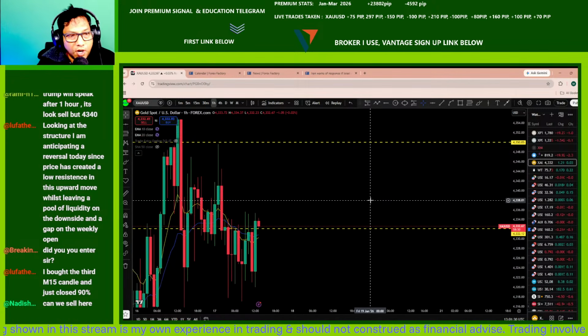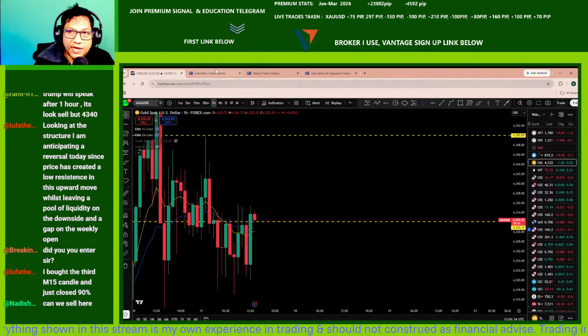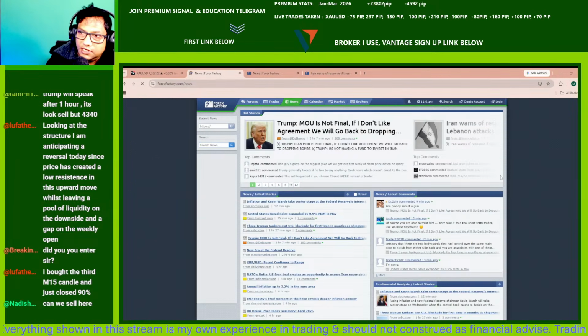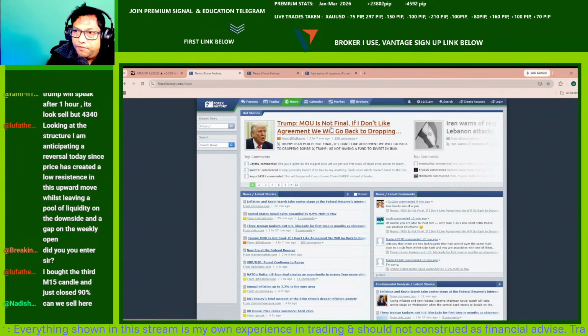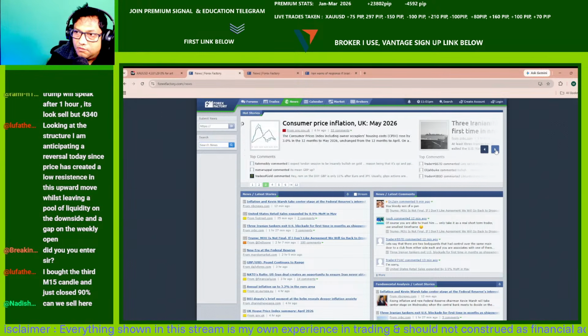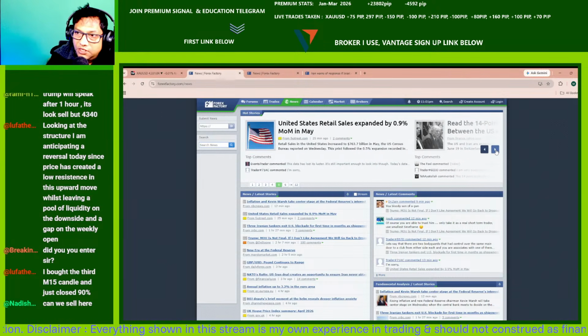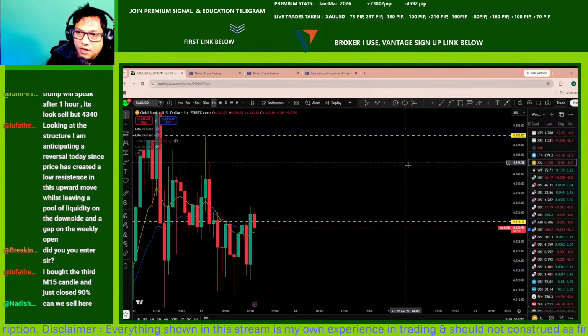There are two reasons. One is that technically we can see that breakout. Secondly, looking at the sentiment, it is a little bullish. There is FOMC today, so the market might remain a little volatile here.